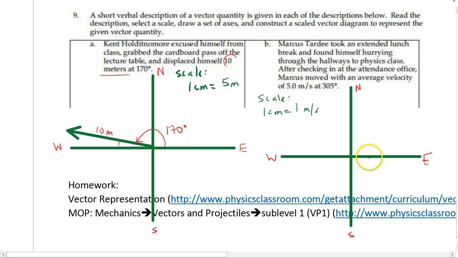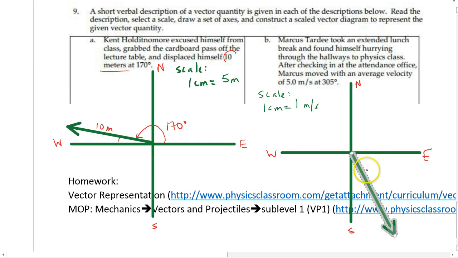Just thinking, this is 90, this is 180, this would be 270, so I need to have my angle another 35 degrees over. So when I get my protractor out, which I don't really have, I make sure it's just right. So I'll go like this, and I'm pretending here that I drew this 5 centimeters long, and this entire angle here is 305 degrees. Okay, so there we are with the scale diagrams.